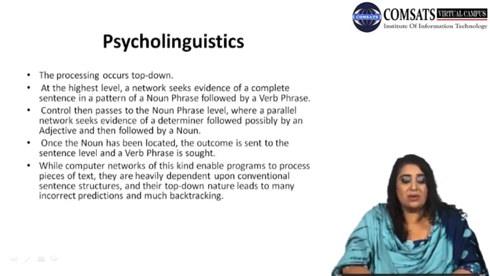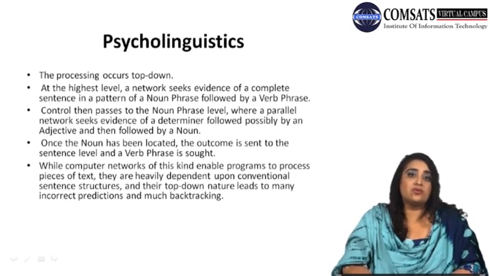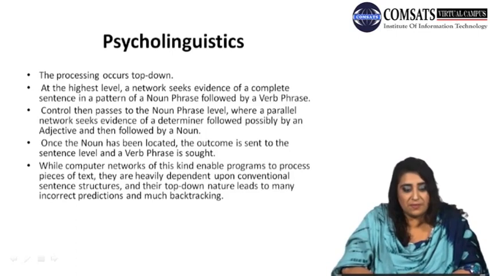Once the noun has been located, the outcome is sent to the sentence level and a verb phrase is sought. So the highest level of the network seeks evidence for a complete sentence in the pattern of a noun phrase followed by a verb phrase.